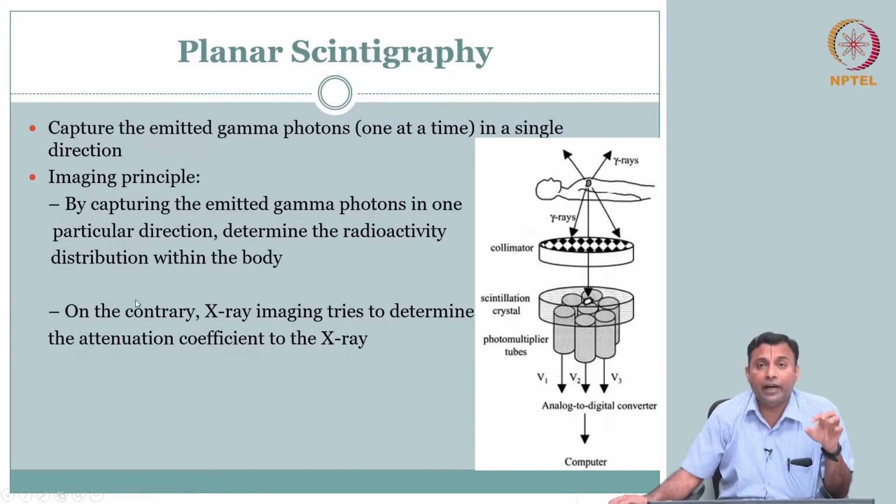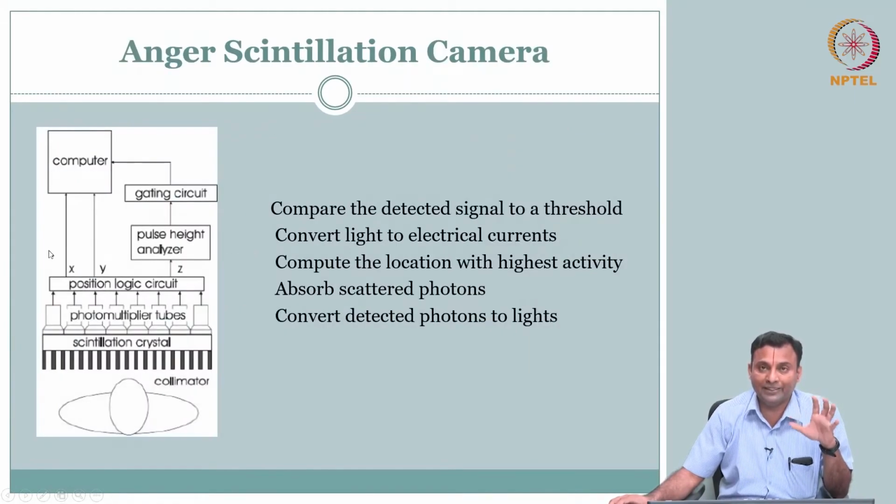Okay. And we had a lot of engineering of the radiotracers, so that we will be able to tune or engineer our detection side, so that we can say where it is coming from, right. So the first major part is the camera, the Anger scintillation camera, that is your most important part.